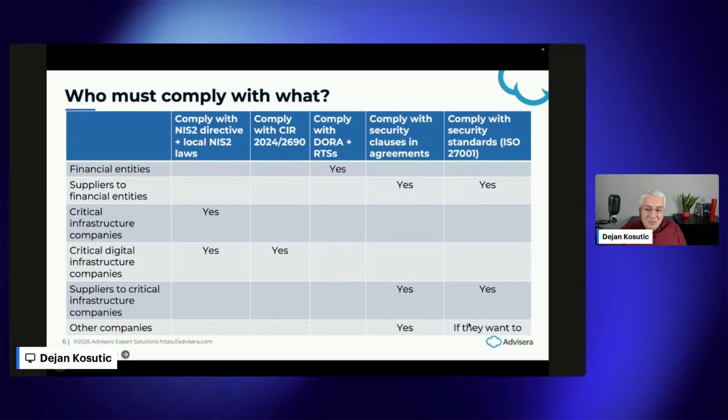Now, those companies can actually comply also with ISO 27001 if they want to. There is no obligation there, but if you are simply in a market and you see that your customers would view your company preferably if you do have the standard, then of course you can go for ISO 27001. Okay, good.